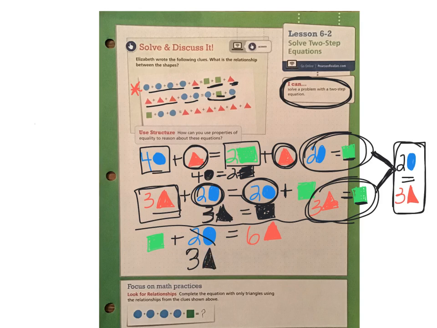And then we know that a square from this second relationship is also the same as 3 triangles. So what that means is 3 triangles and 3 triangles makes 6 triangles. So that statement is also a true statement there. Okay, so that helps us with looking for relationships between shapes, which will help you as you begin your solving two-step equations.